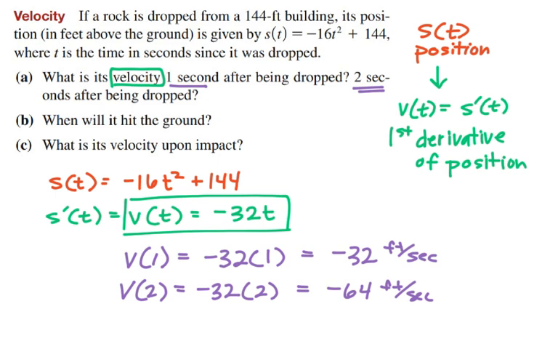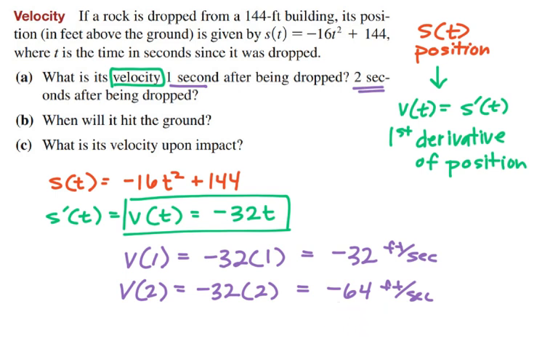We have this negative 16 in a lot of our position and velocity functions, and that is the imperial measurement system, feet per second, acceleration due to gravity. So that's a constant that you're going to see quite often. And because we are speeding up as we fall, we're accelerating, we have a higher velocity 2 seconds after it's been dropped.